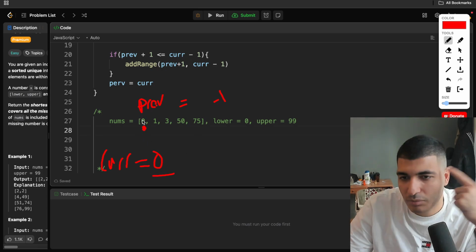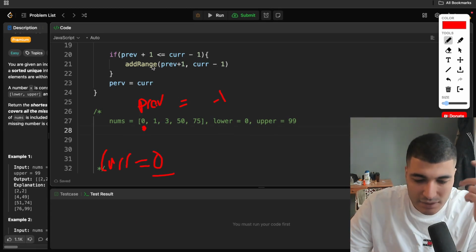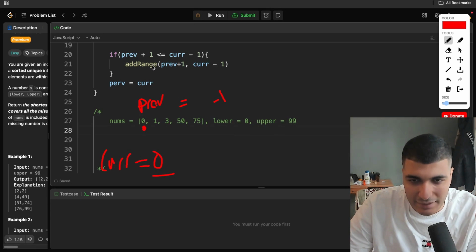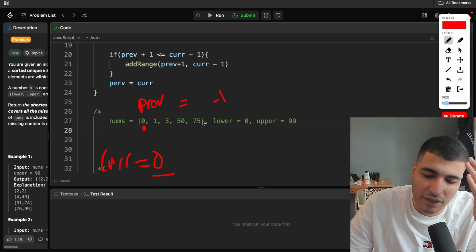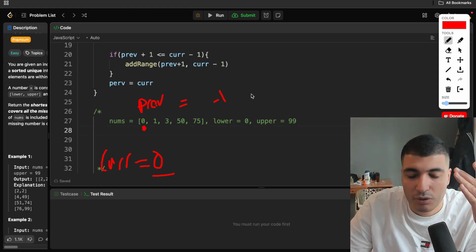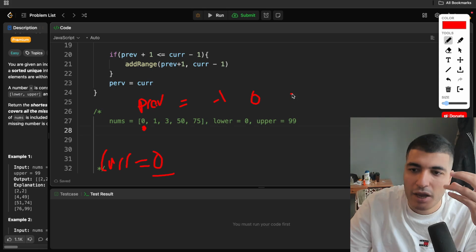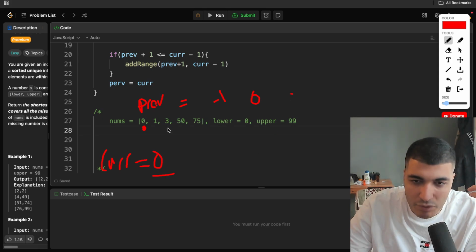So we have no ranges, because prev plus 1 equals 0, and current minus 1 equals minus 1. So basically, we have no missing ranges if we continue.